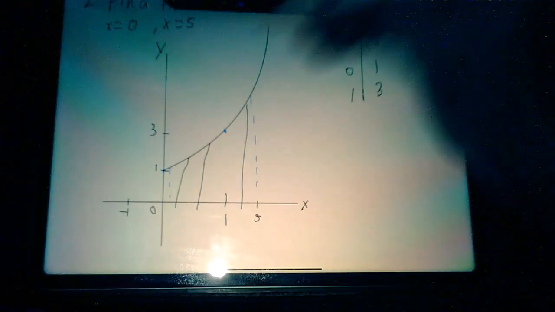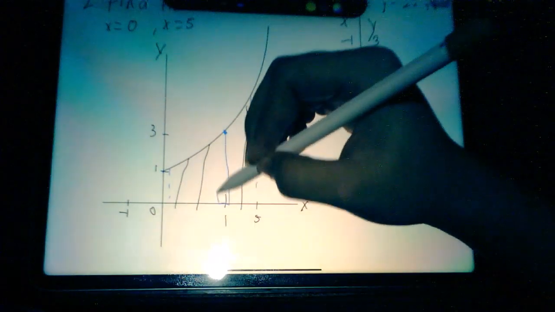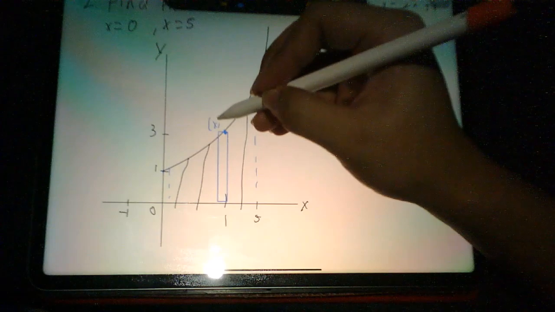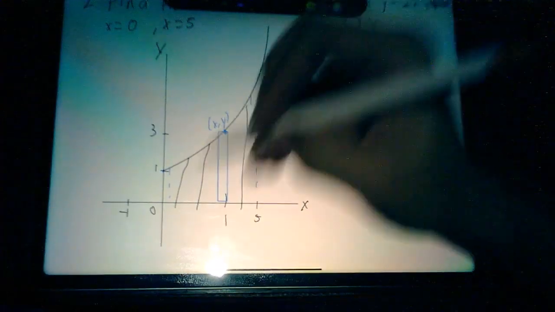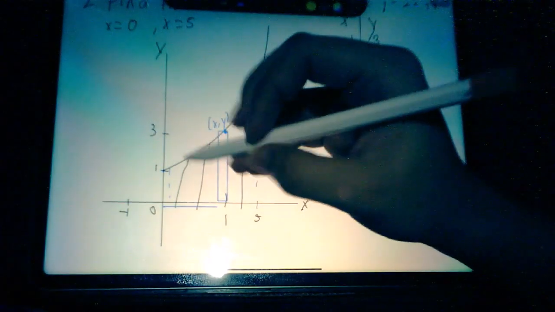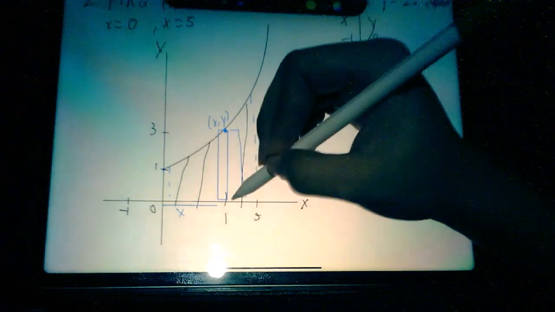Now we need to put a point here. So this is just our vertical strip from x and y, from the origin to the point below the vertical strip, labeled x, and the height here is just equal to y.